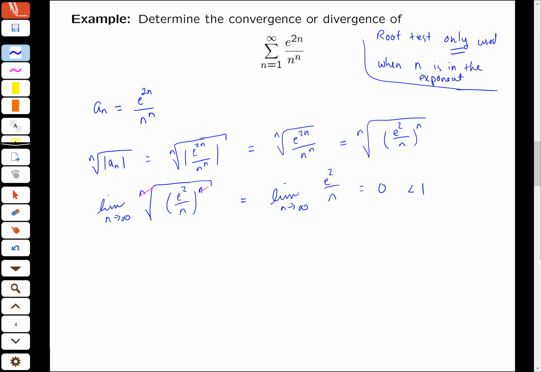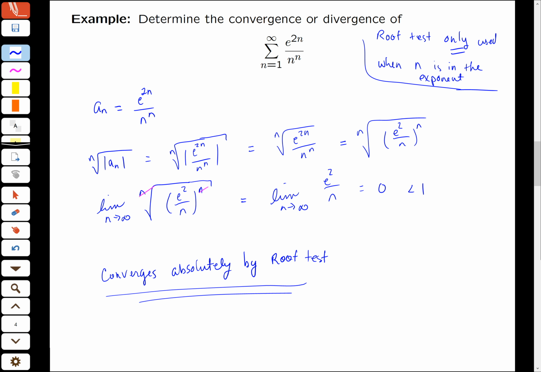So it converges, and in fact it converges absolutely by the root test. I could say converges, or I could say converges absolutely. I don't need the absolutely on this one because I didn't have a minus sign, but it's not wrong to say that it converges absolutely.